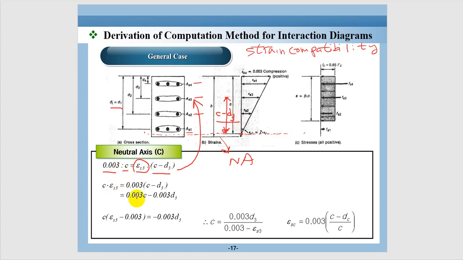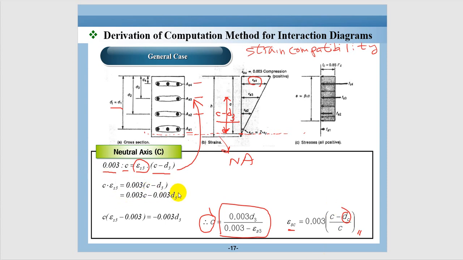So now from here we easily calculate C, which is the distance of the neutral axis, and then from which you can calculate the compressive strain in the third layer of rebars, which you see over there. And you can calculate the other compressive strains of the rebars consecutively, similarly. For epsilon S4, you can substitute the appropriate distance from the rebar layer to the neutral axis.